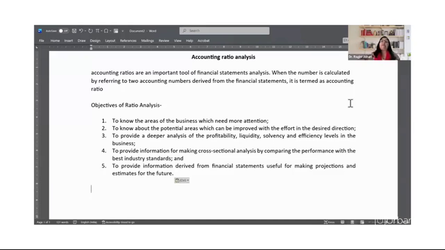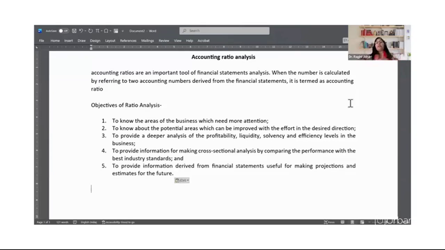Then at the same time, the company would also want to know through ratio analysis the potential areas which can be improved with effort in the desired direction. Then these ratios give a deeper analysis of the profitability, liquidity, solvency, and efficiency levels in the business.